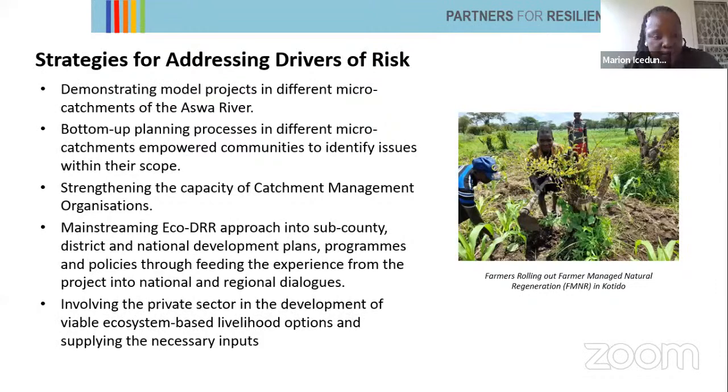And last but not the least, to a limited extent, we involved the private sector, especially in developing viable ecosystem-based livelihood options, which we refer to as eco-enterprises.